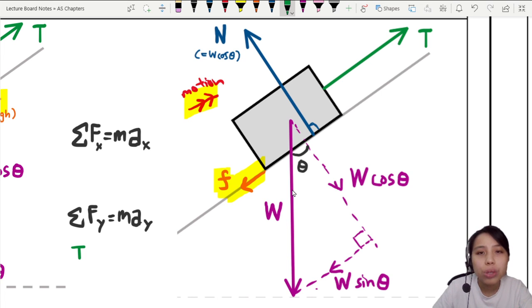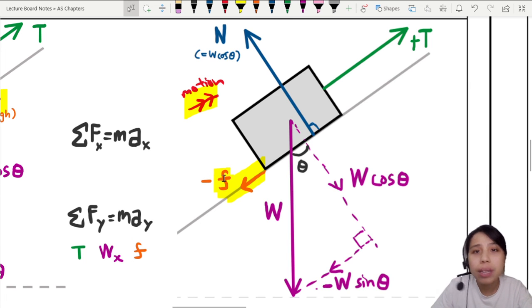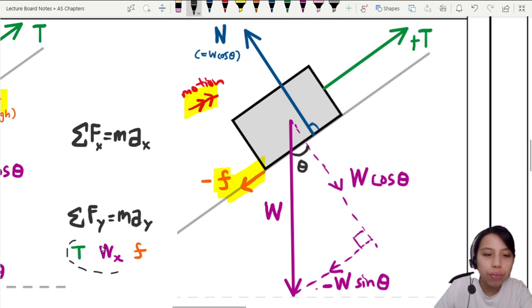So tension, there is the horizontal component of weight, and there is friction. In this particular case, if we say anything upwards is positive, then tension is positive. Friction is negative. Weight downwards is negative, because they're pointing in opposite directions. Some uphill, some downhill. You need to know the signs. But all in all, these are the 3 friends that will contribute to the net force.